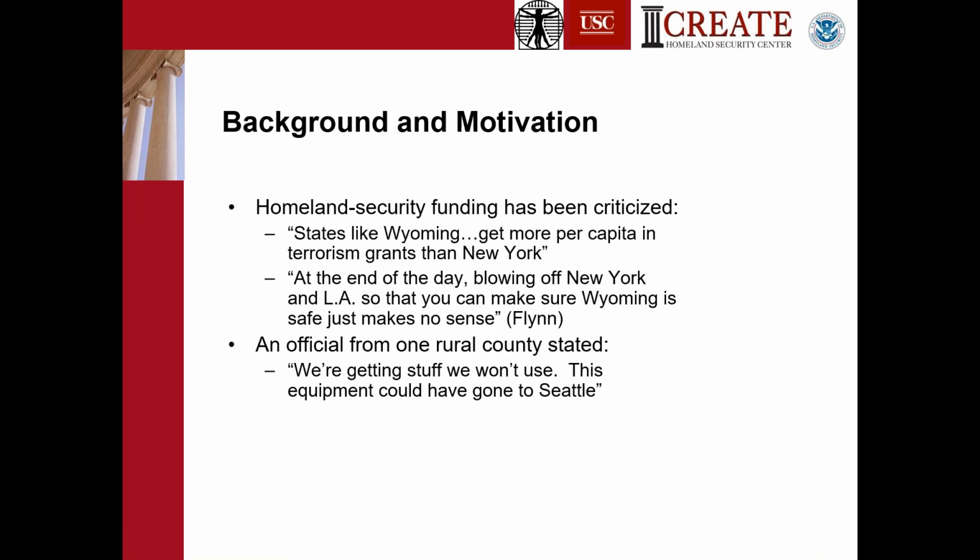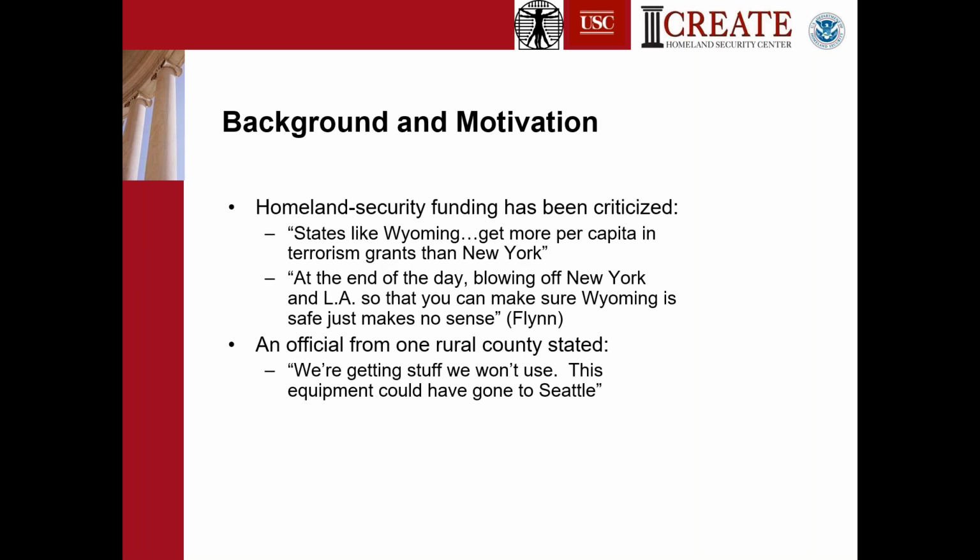So I'm going to start with some background about the early days of Homeland Security funding in the immediate aftermath of September 11th, and why it is so important for Homeland Security funding to be risk-based or risk-informed.